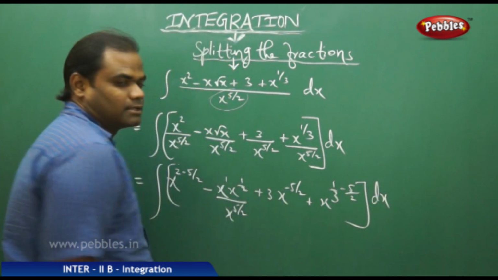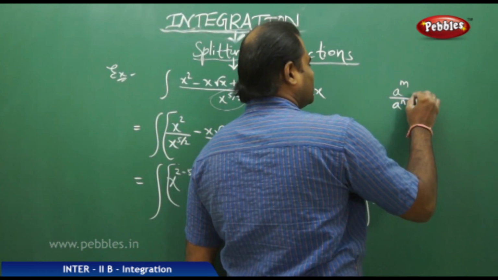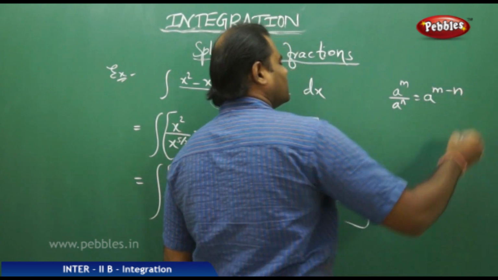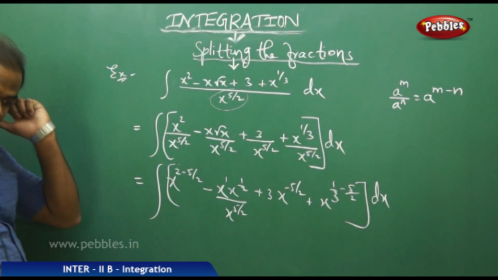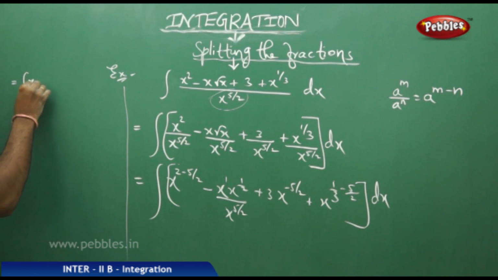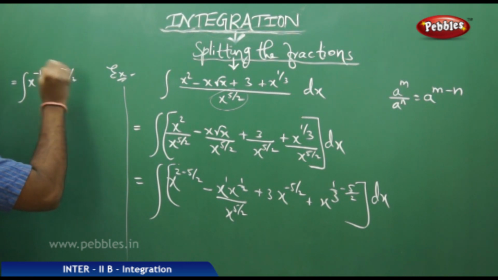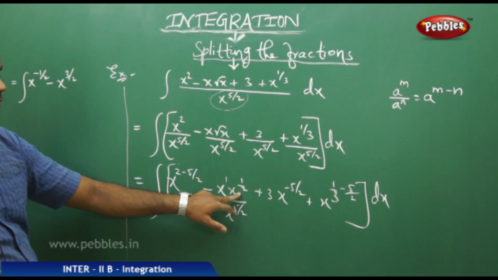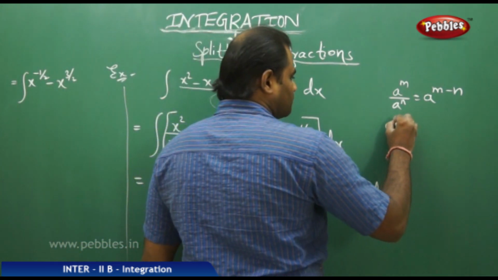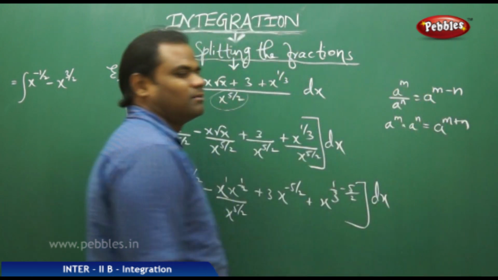That is, by using a power m by a power n is a power m minus n as the law of index. Now this, on further simplification, gives 4 minus 5 is minus 1 by 2, minus x power 3 by 2, that is 1 plus 1 by 2, because a power m times a power n is a power m plus n.